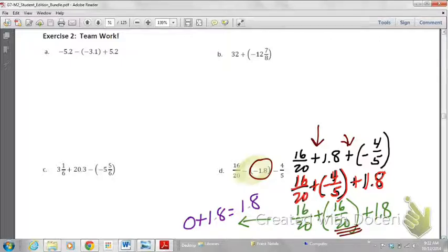I turned negative 4/5 over here into negative 16/20ths over there, which in the purple step, as you can see, just so happens that 16/20ths and negative 16/20ths, the sum of opposites, is 0, and then I just added this 1.8 and ended up with this answer, 1.8. And again, it is less about the answer and more about the process.